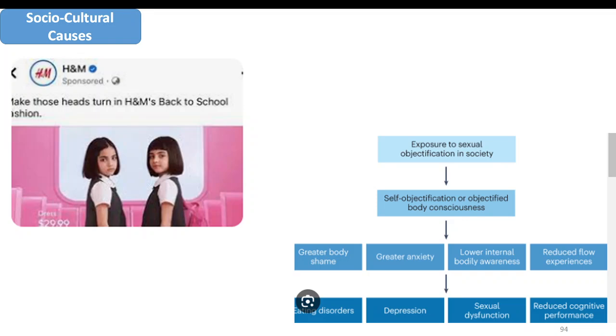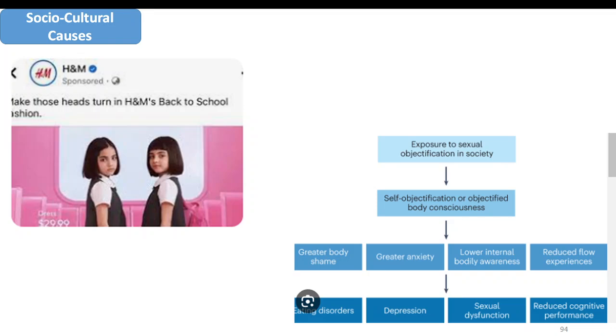We become so conscious of our own body that we put it to a lot of experiments, like we have seen, restrictive dieting, intermittent fasting, and then resorting and falling to such ill conditions like anorexia or bulimia, etc. So greater body shame, greater anxiety, lower internal bodily awareness, reduced flow experiences from inside.